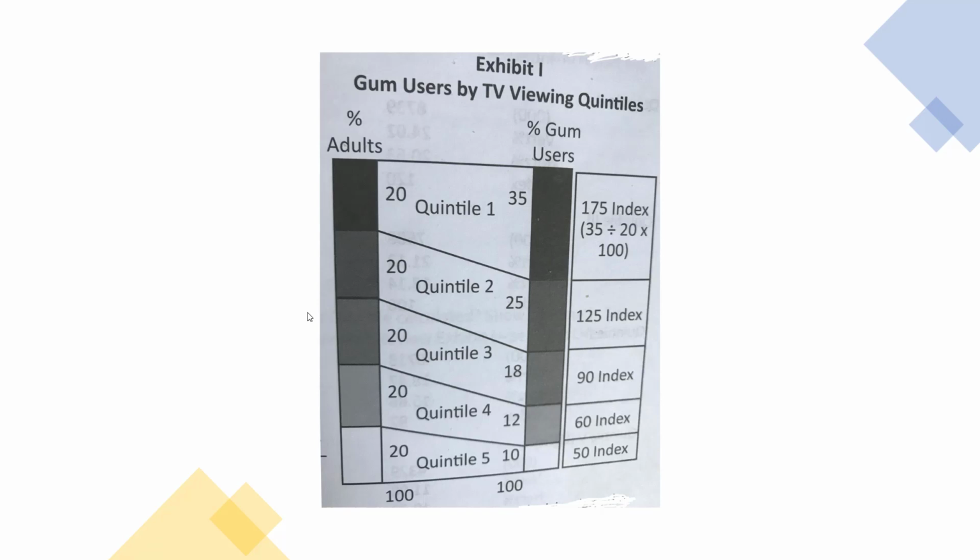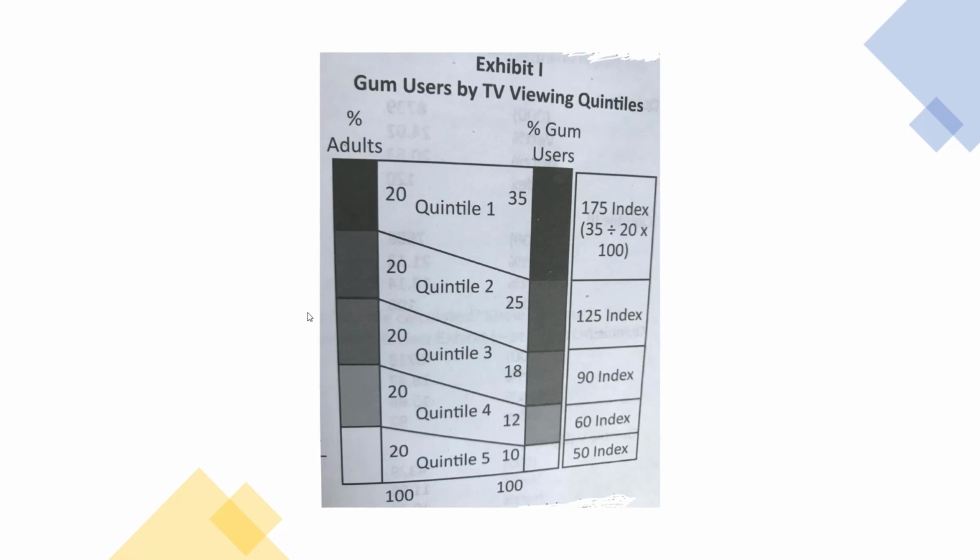And as you can see, 35 divided by 20%, very similar to what we have seen before with MRI plus data. So 35% of gum users are in quantile 1.